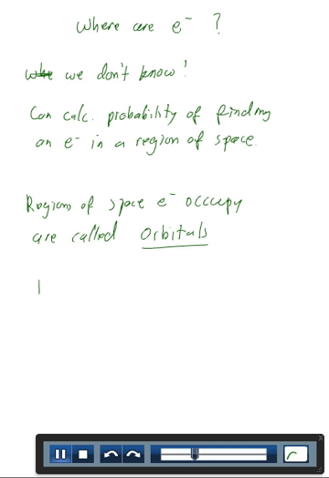Say we have the 1s0 energy state. We call that a 1s orbital. Say we have a 2p1 energy state. We call that a 2p orbital.